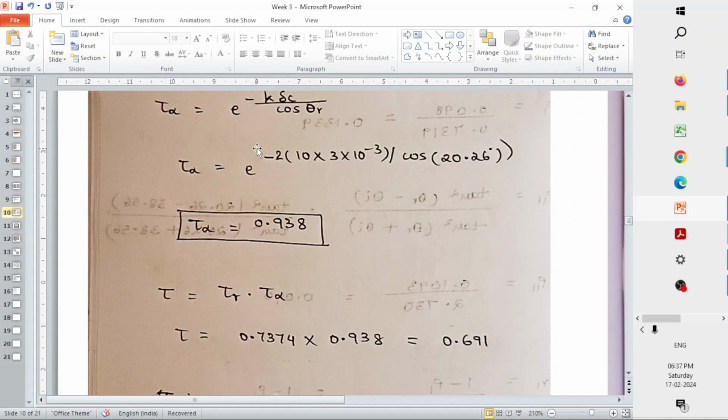So the number of glass cover plates will affect this value. Here, since we have 2, we are multiplying it with 2. So if you calculate this, tau alpha will be 0.938.